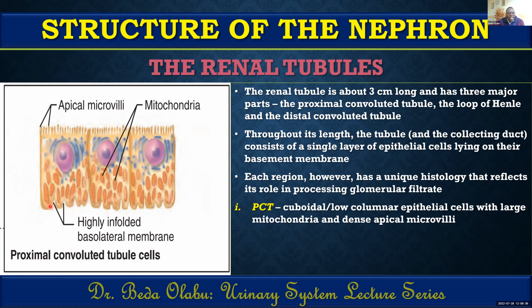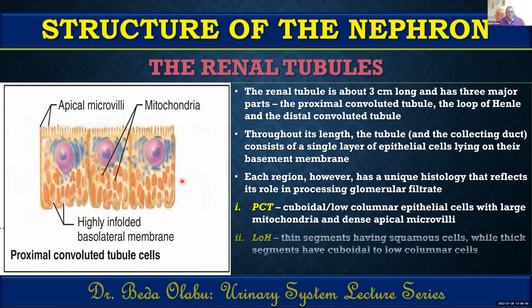So the basolateral side of the epithelium has several infoldings as an adaptation for active transport of substances. Anyway, that's how the cells of the PCT look. Remember, the PCT is highly convoluted as well, to basically just slow down substances that pass through.